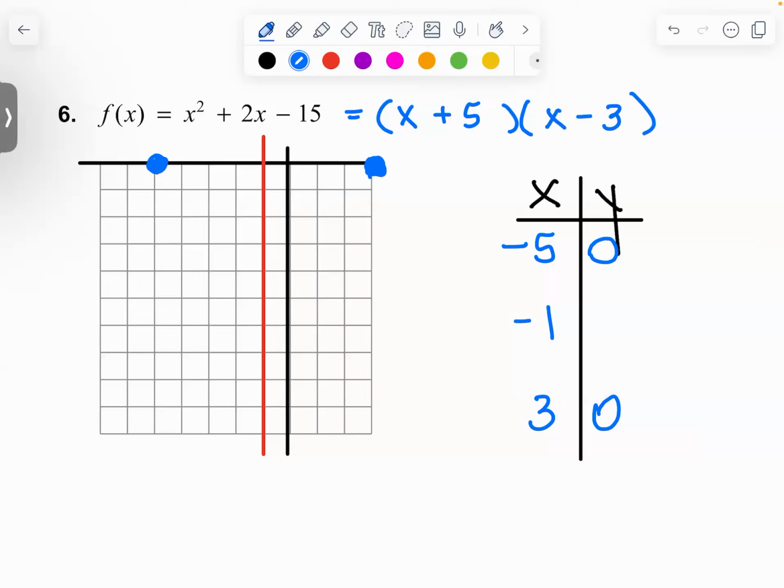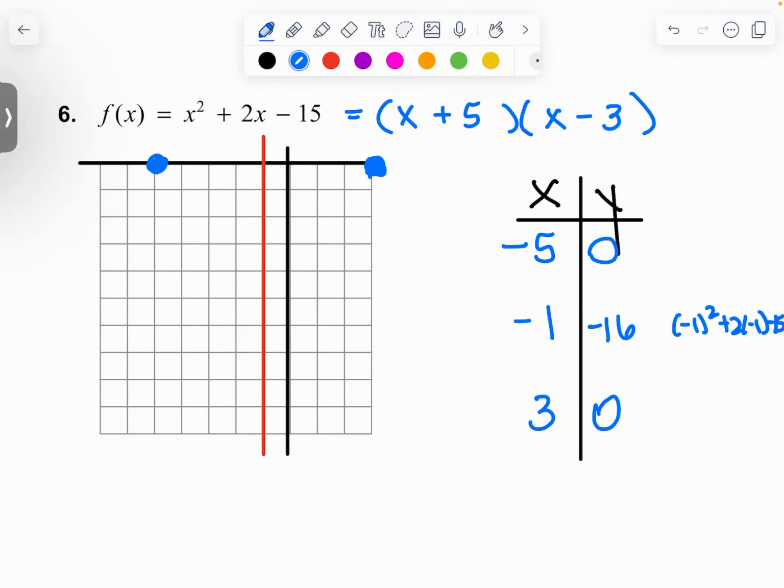Okay, now what happens when we plug in negative 1? Do we get 4 times negative 4? Is he right? Negative 16? Okay, we could also, instead of using intercept form, say negative 1 squared plus 2 times negative 1 minus 15.